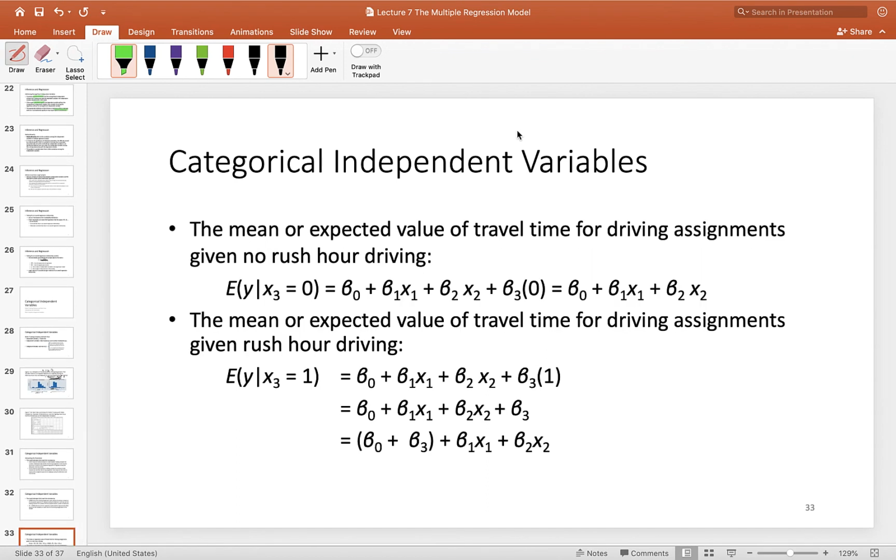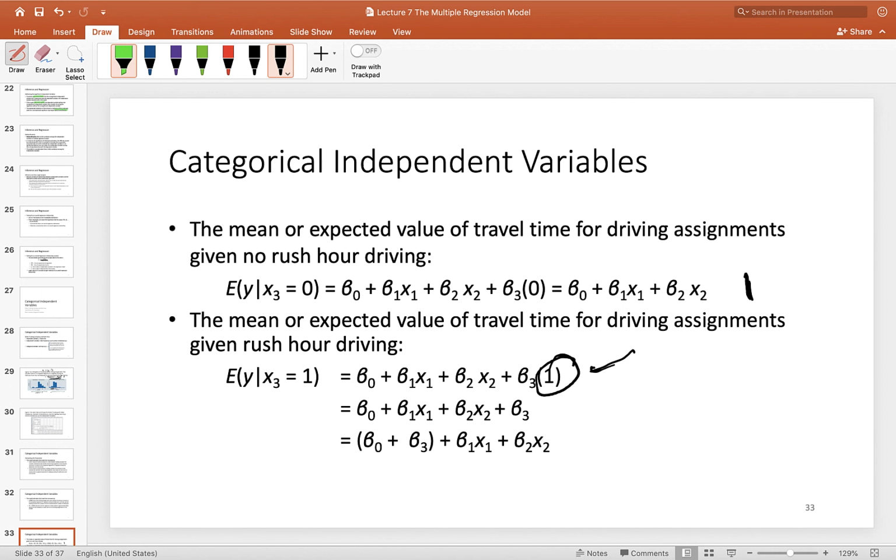And this is just a note on categorical independent variables, showing you again how the numerical side of it, the actual equation side of it, looks. And you can see this is an equation, it has betas in it, which is population data. And it's just saying that right here, if somebody's driving in rush hour traffic, this value is going to be a 1.